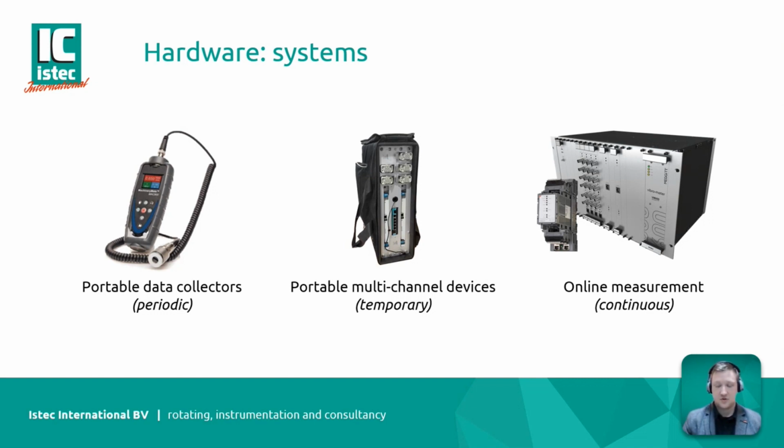Then a portable multi-channel system is a good start to get insight into the machine behavior. But in the end, having it online will add much more insight. So for a properly defined condition monitoring strategy, an online continuous measurement is the best solution. It will give more data and continuous information.